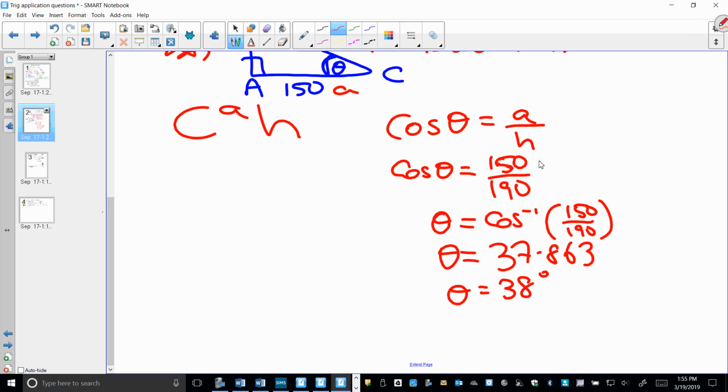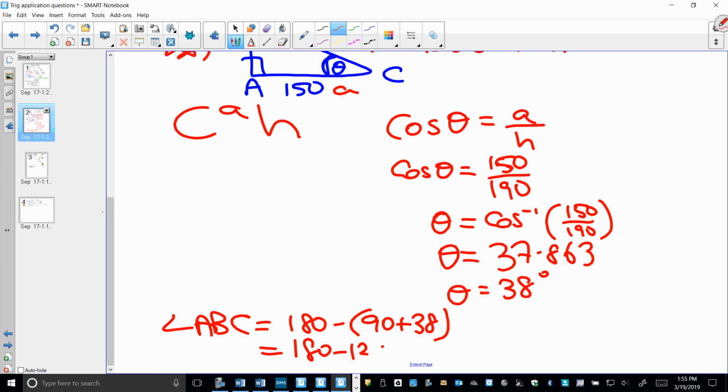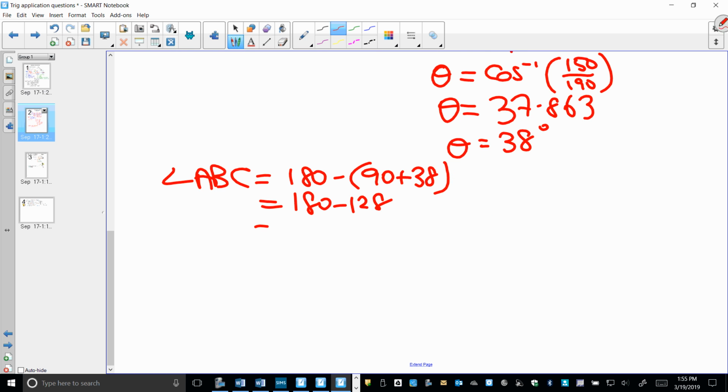We know the angles in a triangle add to 180, so the other angle ABC is going to be 180, subtract those two added together, with 90 as one of them. So that's 180 subtract 128. They've also asked for this to the nearest degree, so you can use your rounded version.